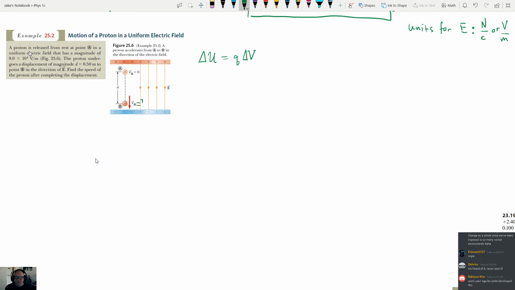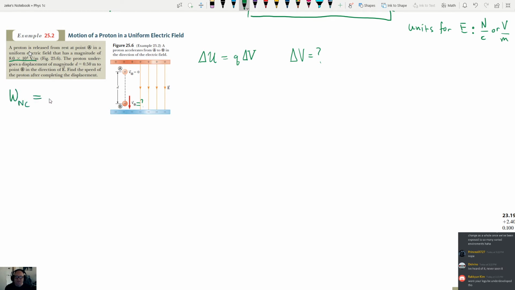All right. So to do this, what do we have? We're given the electric field magnitude, right? So our idea would be, since we have the electric field, we'd like to know what delta V is. So that's the first thing we're going to try to do here, is calculate delta V. And we're doing that because if we know what delta V is, we can find the change in potential energy, and then we can use this equation that you probably remember from Physics 1A.